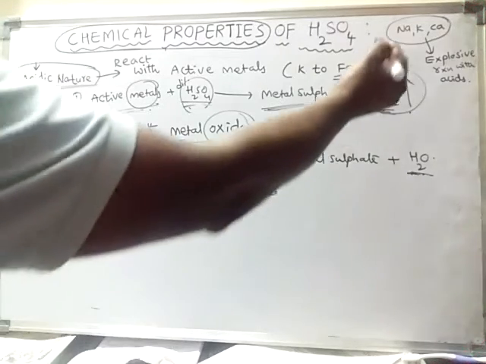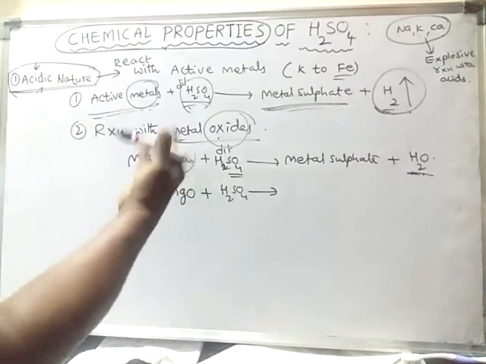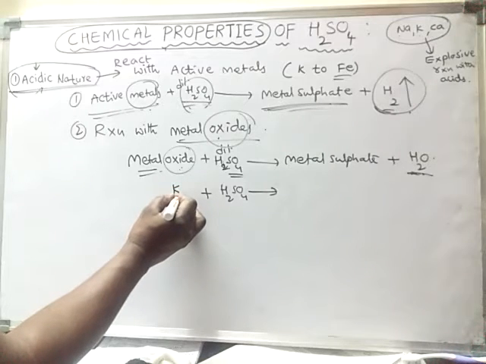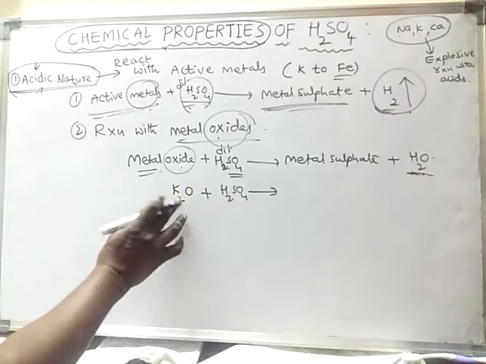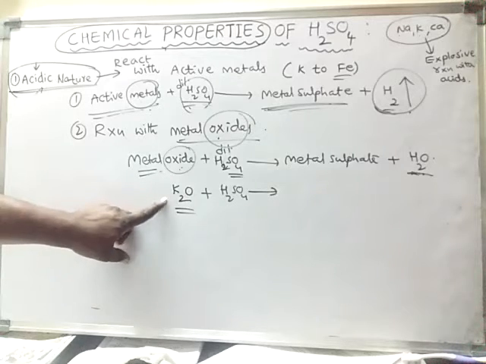Even sodium oxide, potassium oxide and calcium oxide can react, because this is not the metal, this is the oxide of a metal. Oxide of a metal is not that reactive.